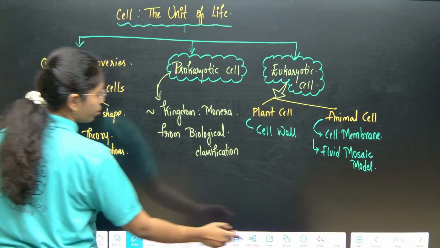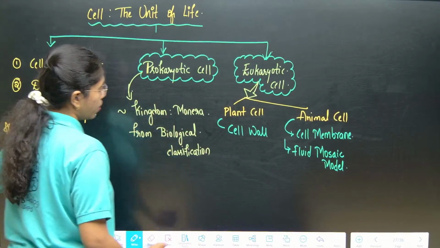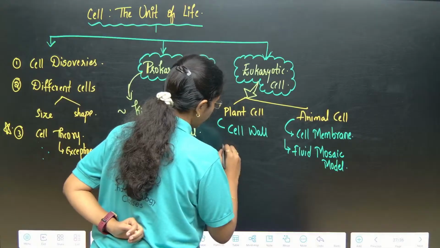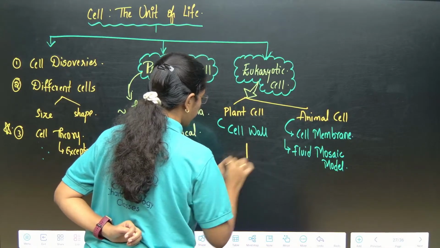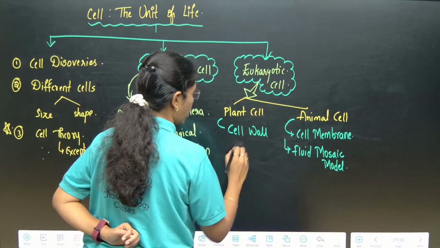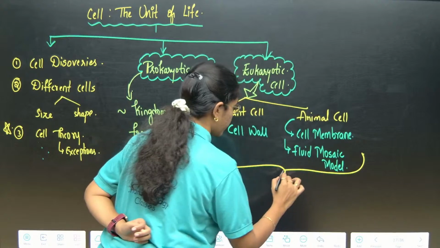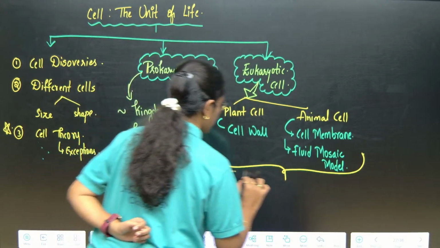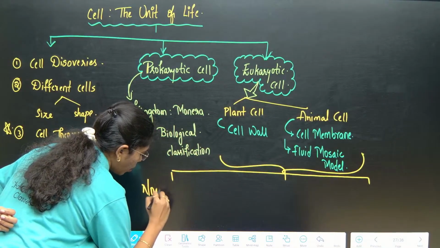Okay, and then after which you will go through non-membrane bound organelles, single membrane bound and double membrane bound organelles, both from plant cell and animal cell. Okay. First is non-membrane bound.